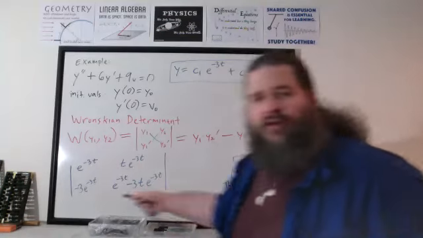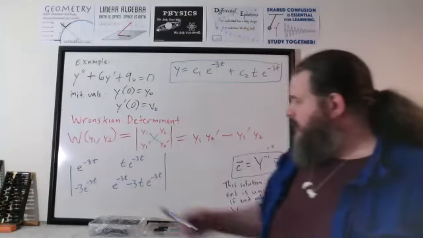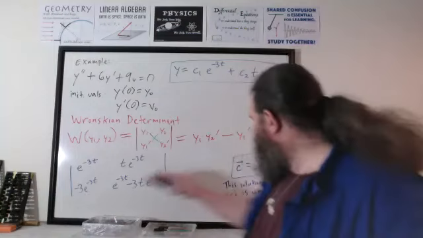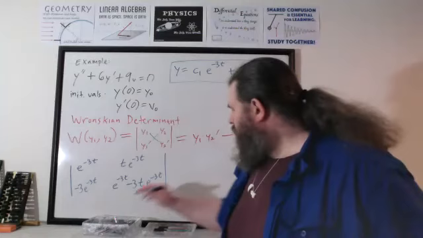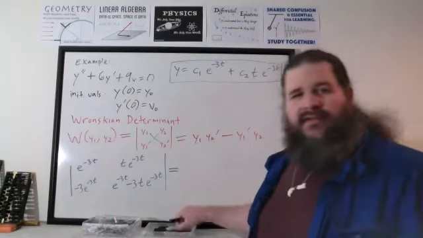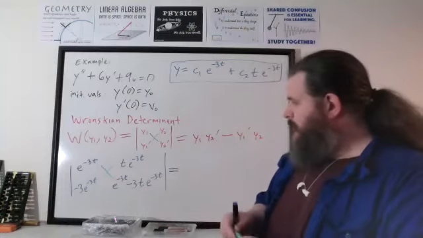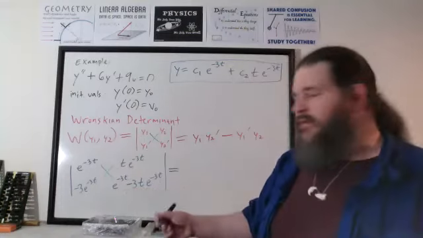So this is the determinant we'd be taking to find the Wronskian of these 2 functions. So we got, again, y1, y2, y1 prime, y2 prime. And again, to evaluate the determinant, we can multiply across the diagonals. So e to the negative 3t times all this. We can distribute that.